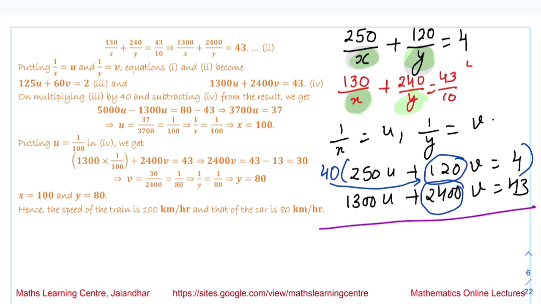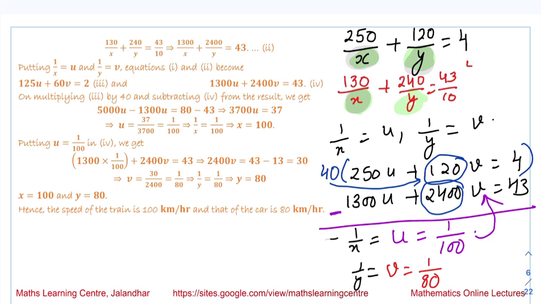On subtracting these two equations, we get the value of u as 1 by 100. Then we substitute this value of u in one of these equations to obtain the value of v, which is 1 by 80. Now this is equal to 1 by x and this is equal to 1 by y. So this means x is equal to 100 and y is equal to 80.